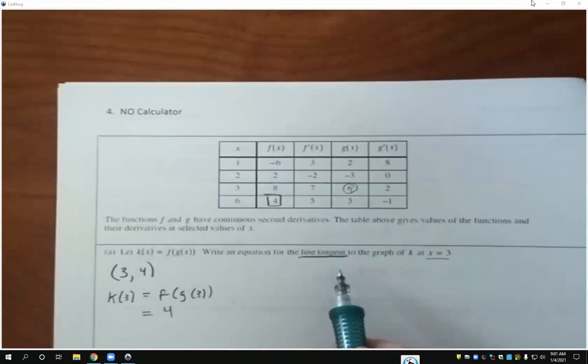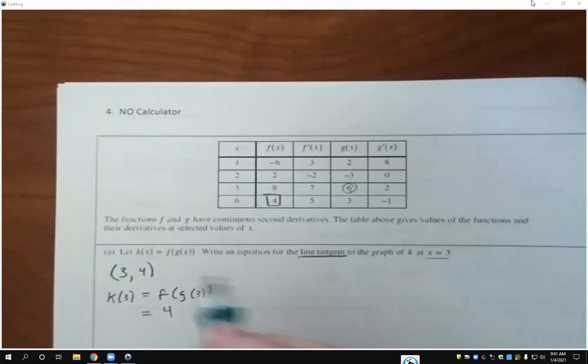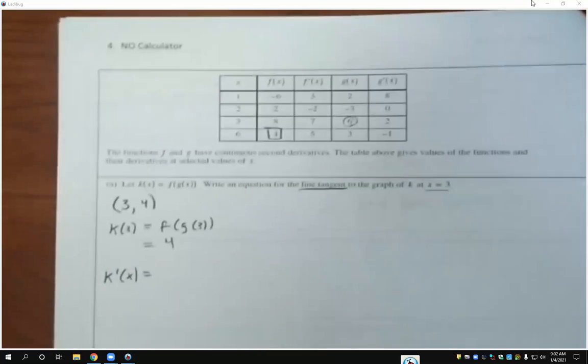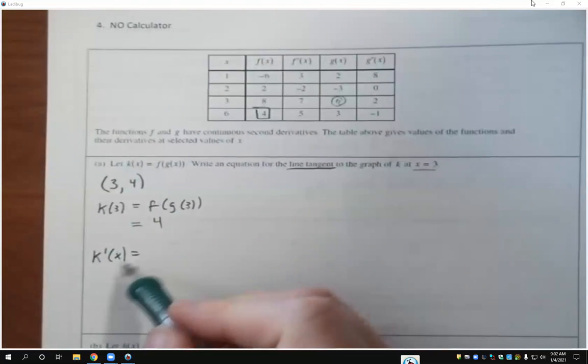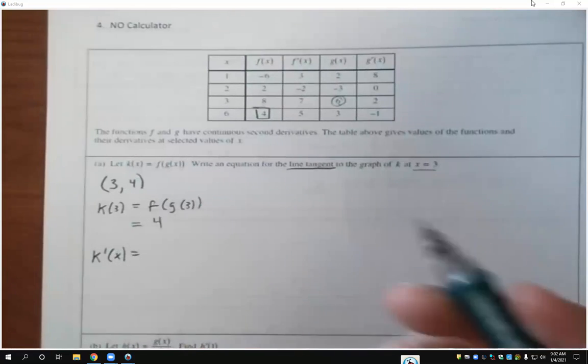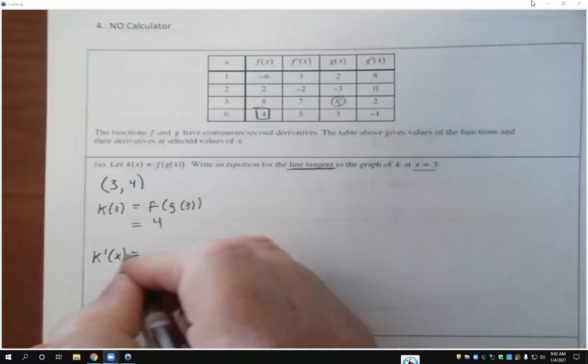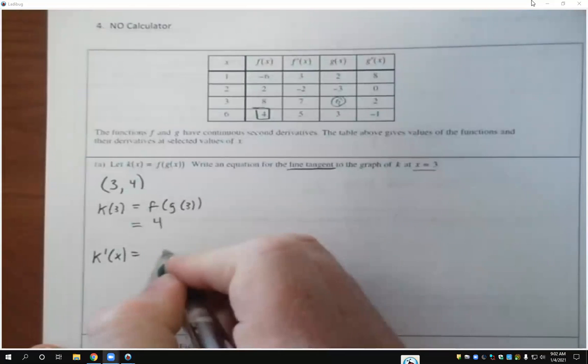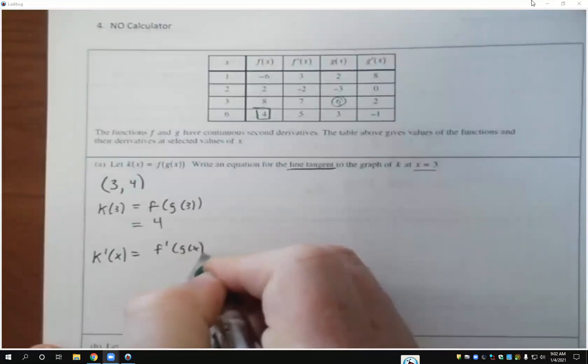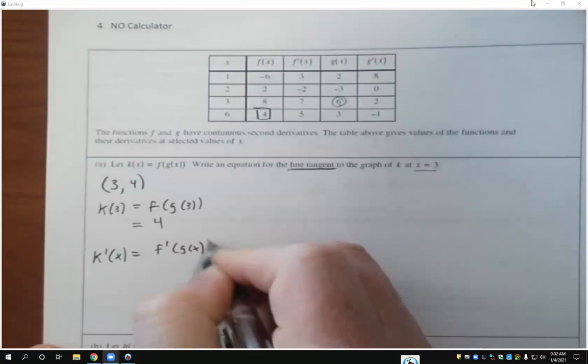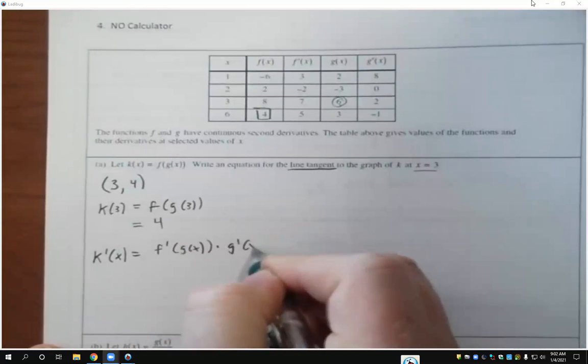Okay, second component of writing the equation of a line is we need a slope. Okay, the slope comes from the derivative. So first we have to find k prime of x. Okay, this is directly the definition of the composition of a function. Okay, it's in your foldable. The derivative of f of g of x is f prime g of x, and then chain rule, g prime of x.